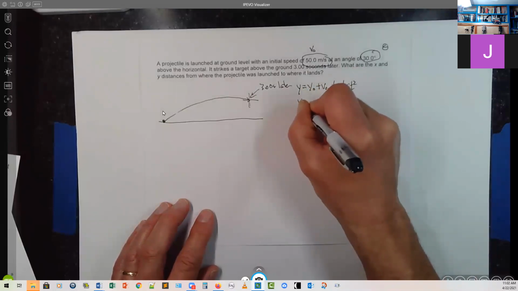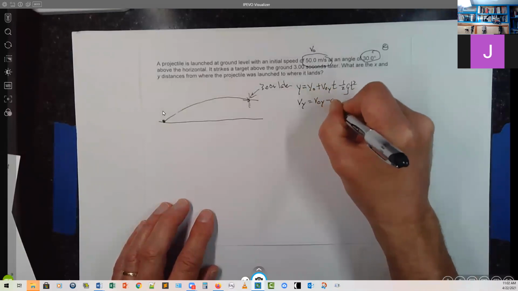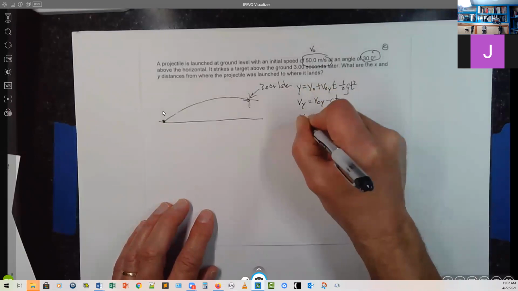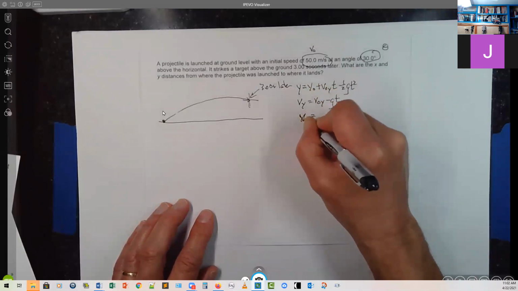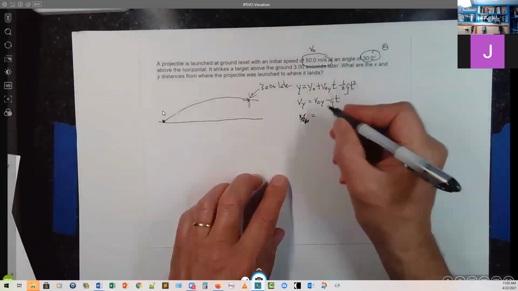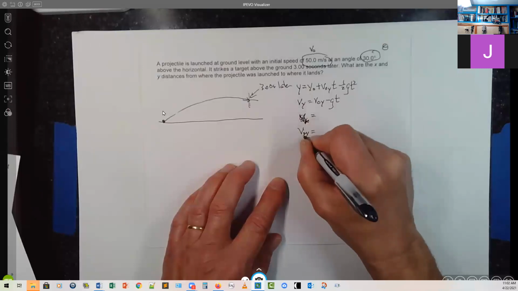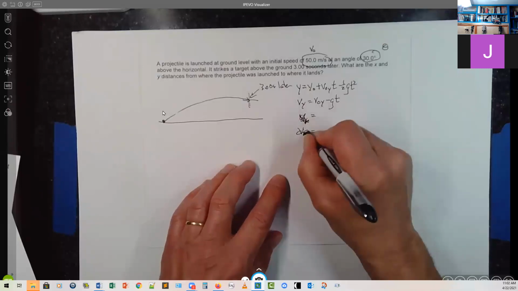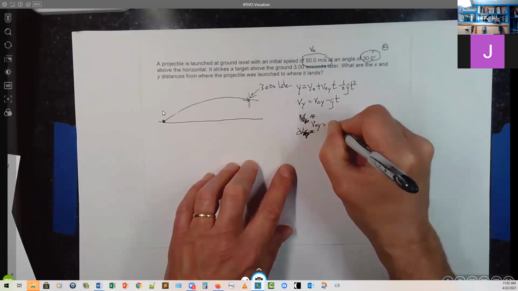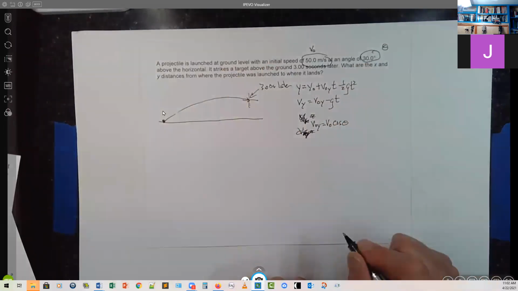And v sub y is going to equal v naught y minus g t. And v naught y is what I want here. That's equal to v naught cos theta. So those are my y equations.